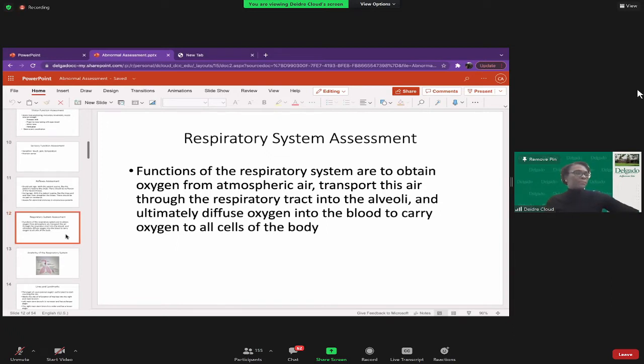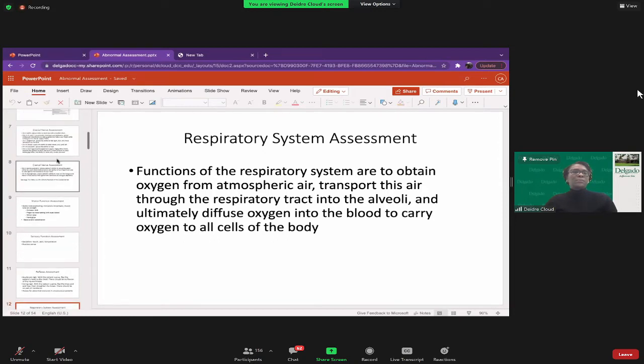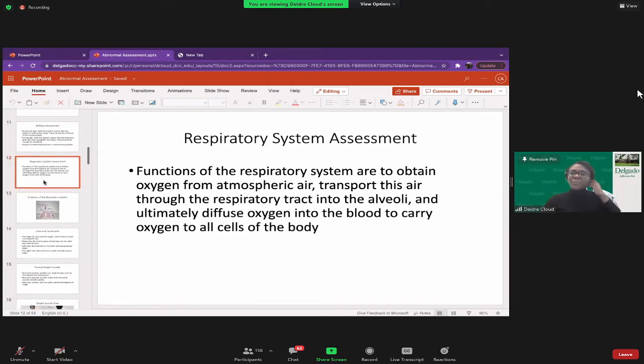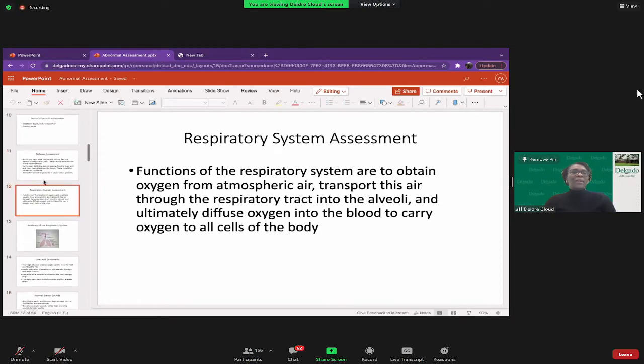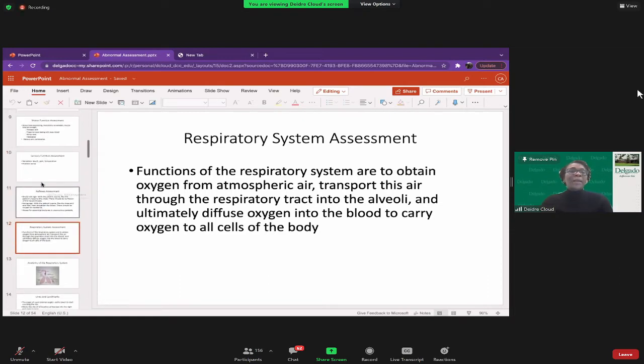Can I ask a quick question about the Brudzinski sign and the Kernig sign? Are those only done if they're unconscious? No, they have to be able to participate because they need to flex their knees. Okay, so what was the abnormal posturing?